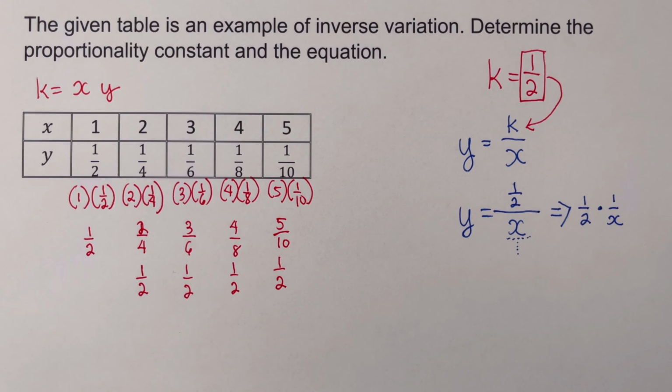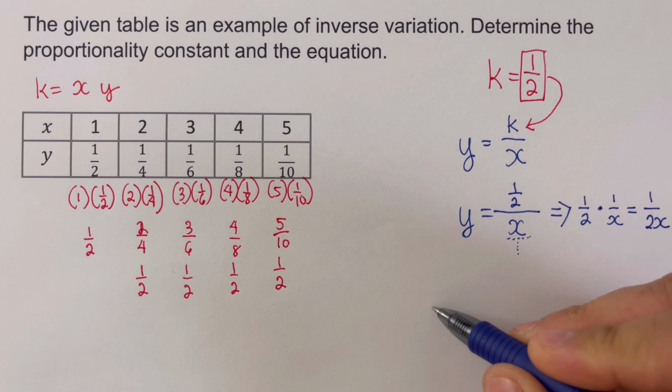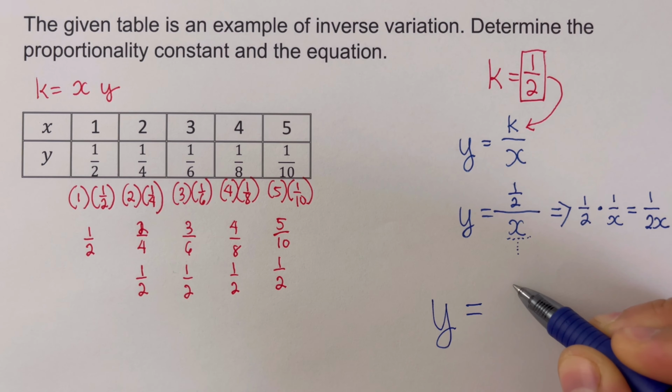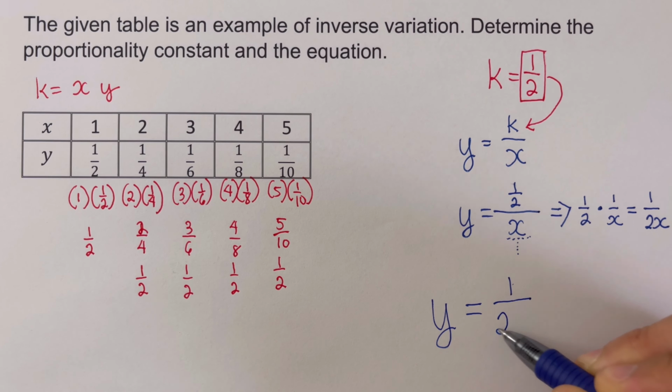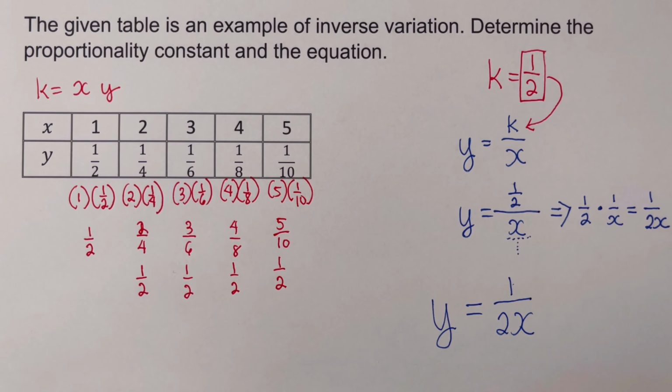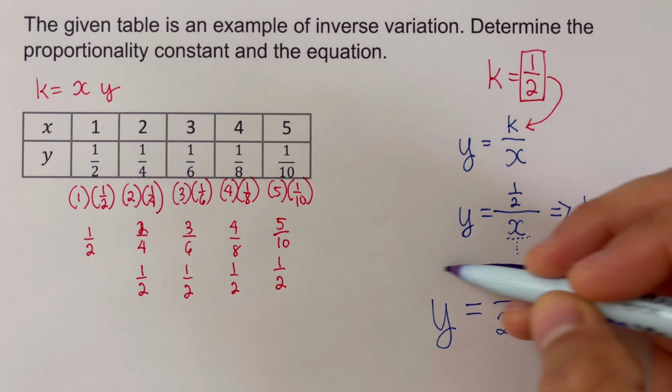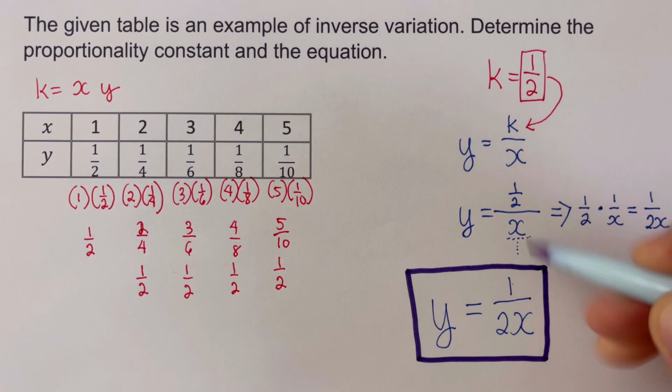Again, what I did here, since this is an example of a complex fraction, I write the 1/2 and I will multiply the reciprocal of the denominator. That would be 1 over x. This tells us that the product for this would be 1 over 2x. So then we can go ahead and rewrite this equation as y equals 1 over 2x. And this is the equation for this table that we have up here.